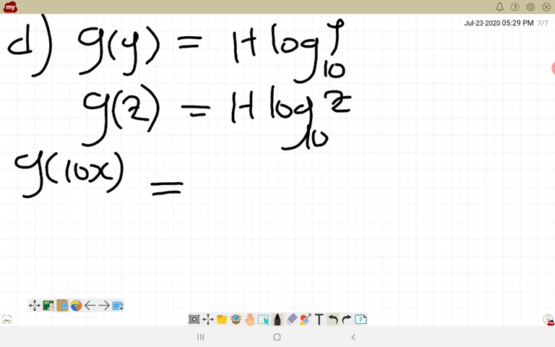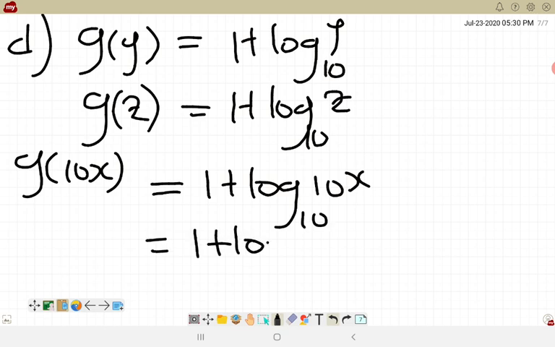Substituting it in, we get 1 plus logarithm of 10x base 10, which is the same thing as 1 plus logarithm of 10 times x base 10. If you apply the laws of logarithm, when you are multiplying numbers, you add their logs.